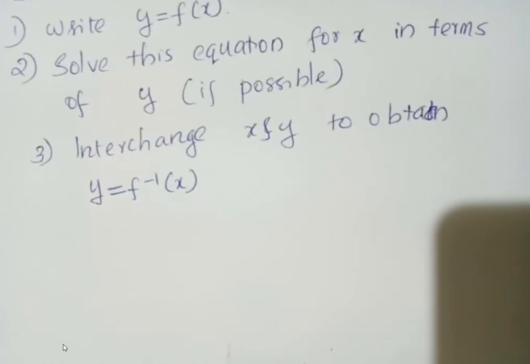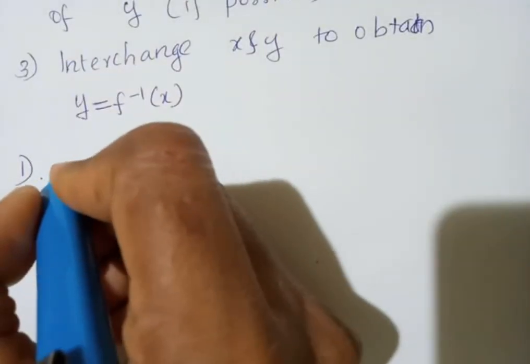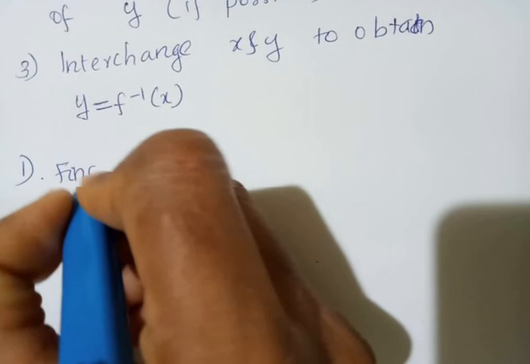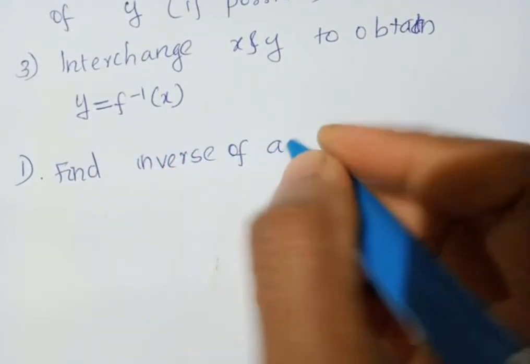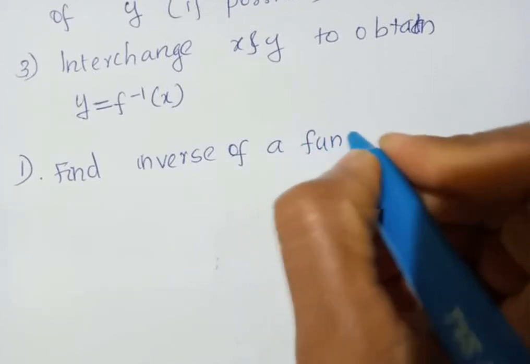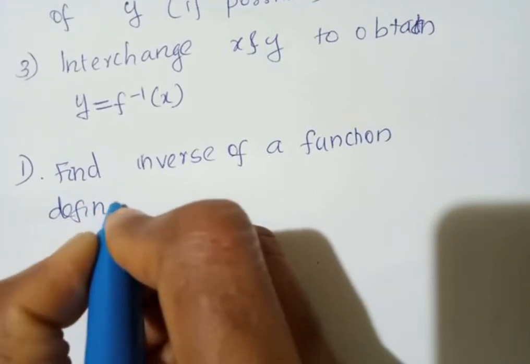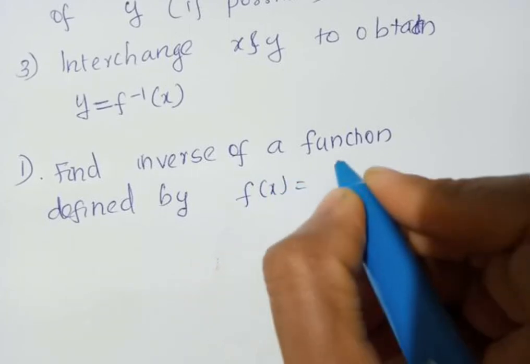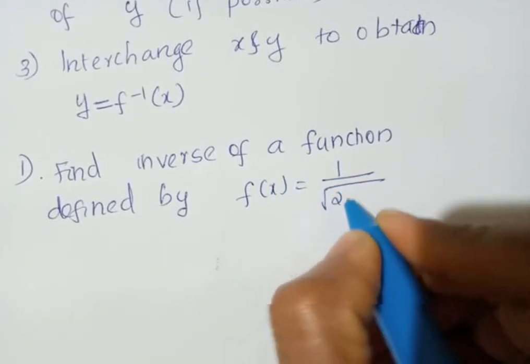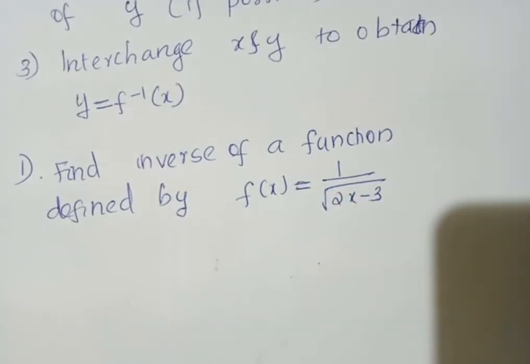Using these guidelines, I'm going to solve a problem: find the inverse of the function f of x equal to 1 divided by root of 2x minus 3.